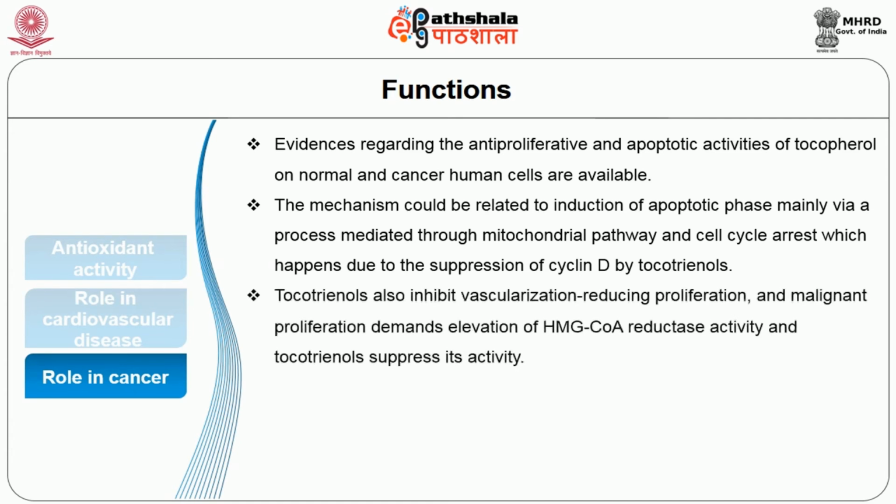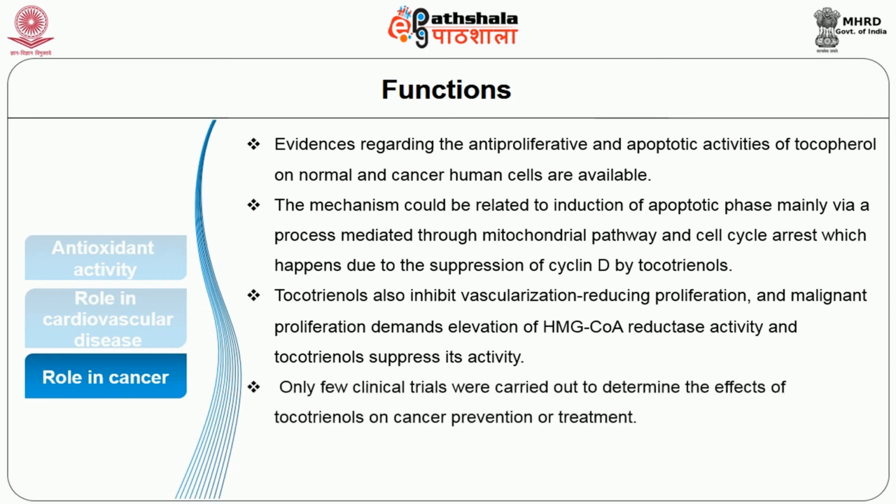Tocotrienols also inhibit vascularization, reducing proliferation, and malignant proliferation demands elevation of HMG-CoA reductase activity, and tocotrienols suppress its activity. Only a few clinical trials were carried out to determine the effects of tocotrienols on cancer prevention or treatment.